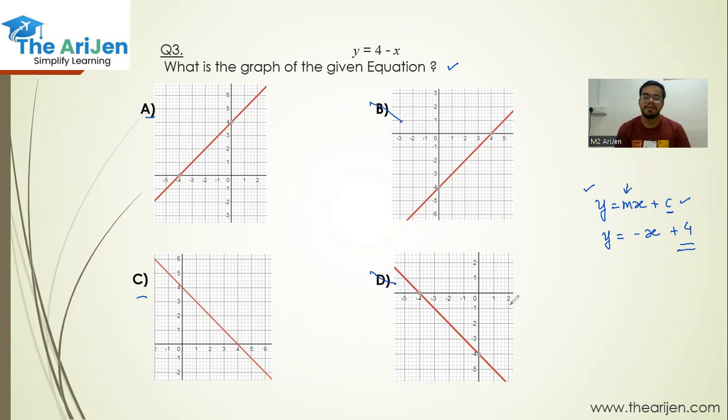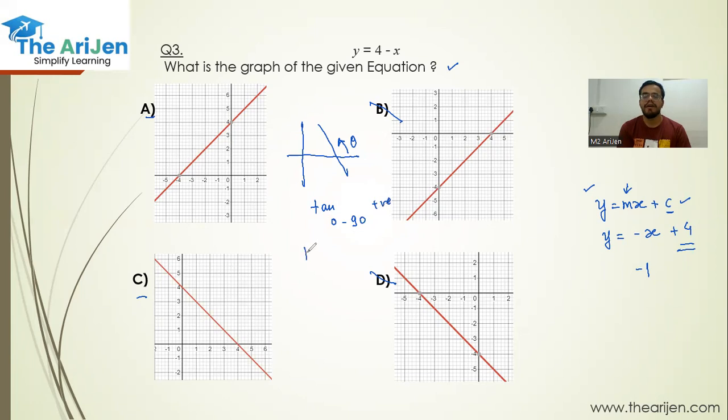Now let's have a look. The slope is minus 1. How do we calculate slope? It is the tangent of the angle made by the line with the positive direction of the x-axis. If the angle is between 0 and 90, tan theta is positive.